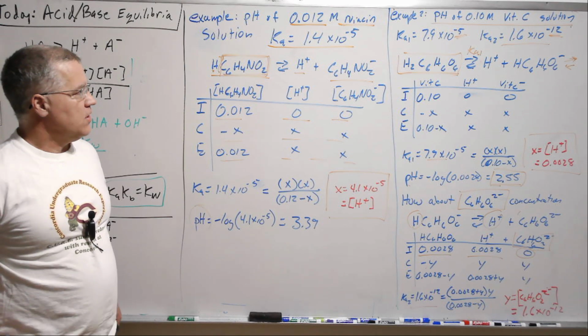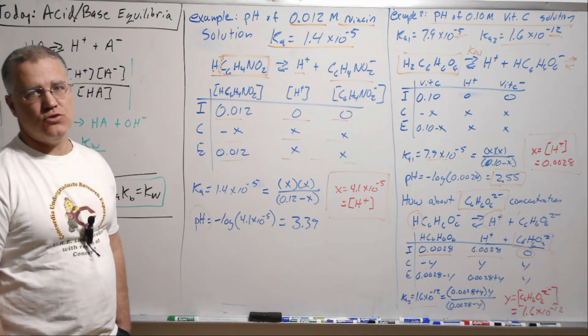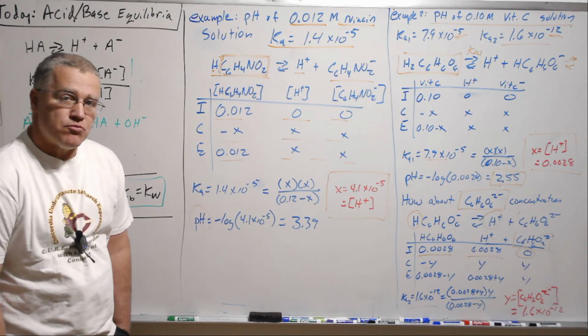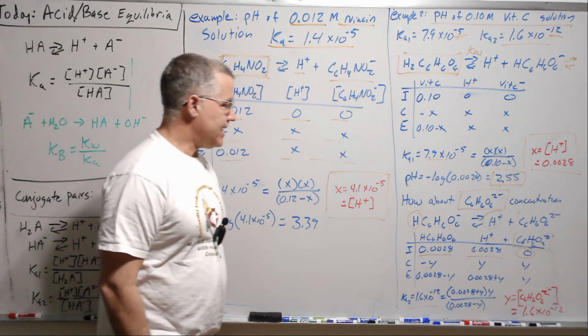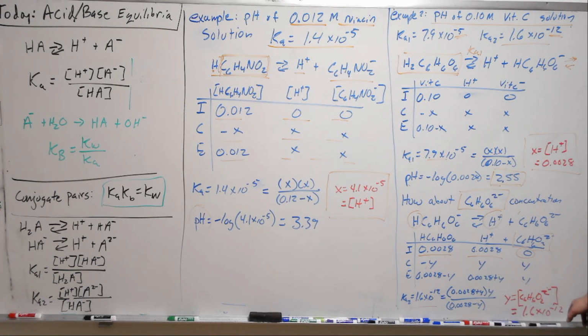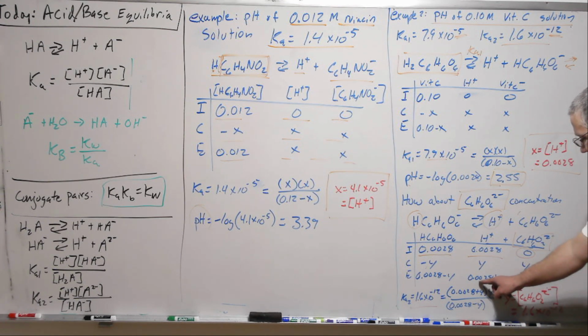And so if we put vitamin C into solution, we'll get a pH of 2.5, which is fairly acidic, but we will get very, very little of the fully dissociated vitamin C. Now, let's take this back and say, well, this is y, so this would be put in here.